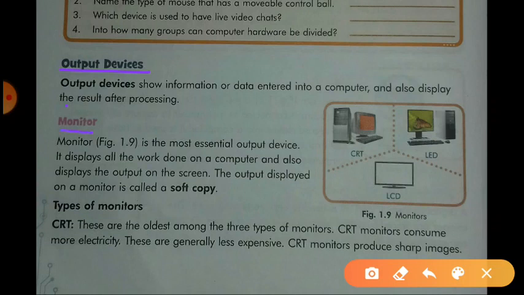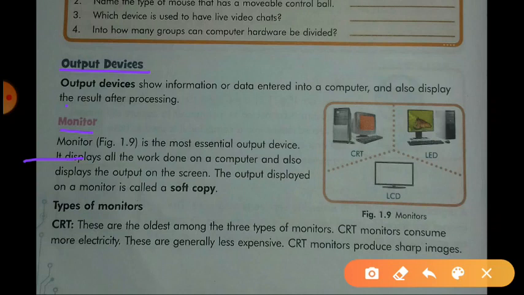So first of all, I will describe monitor. Monitor is the most essential output device. It displays all the work done on a computer and also displays the output on the screen.